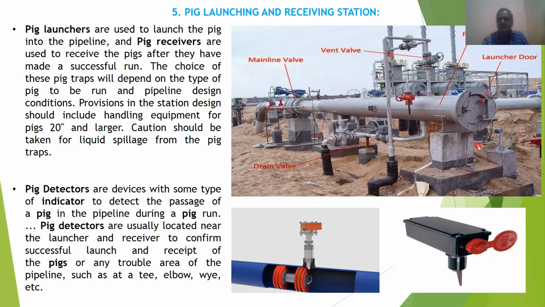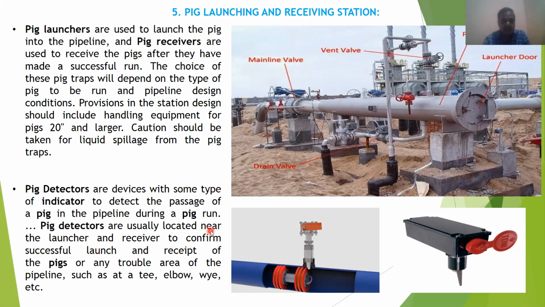Normally the launcher will be placed in a station inside the gathering station, on foundations like this, and it will be anchored with supports. And pig detectors are devices with some type of indicator to detect the passage of a pig in the pipeline during a pig run.